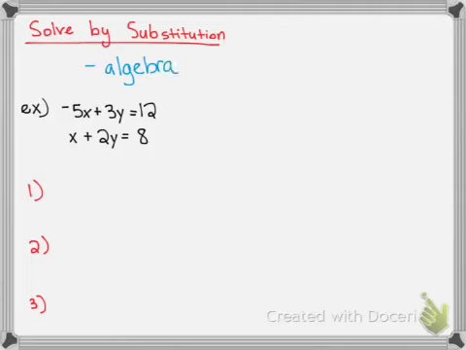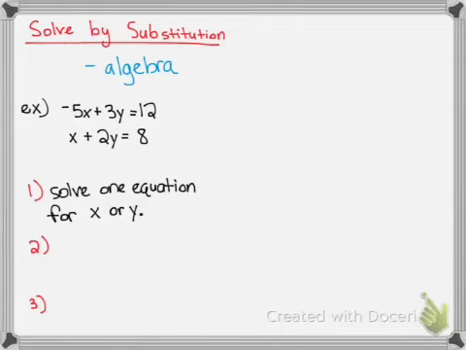All right, so to solve a system by substitution, the first step here is to solve one equation for either x or y. It does not matter which equation you use or which variable you solve for. So you're going to look for the easiest one.